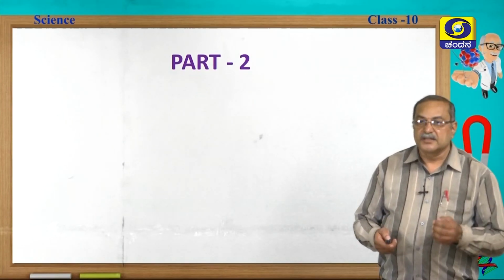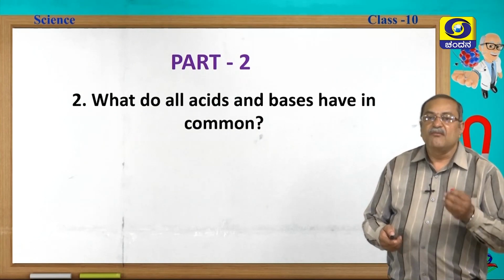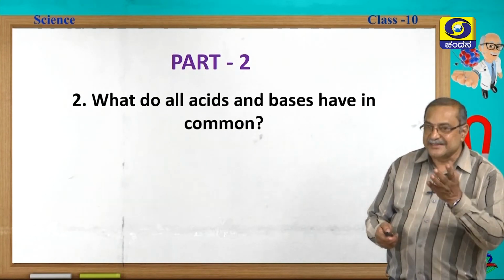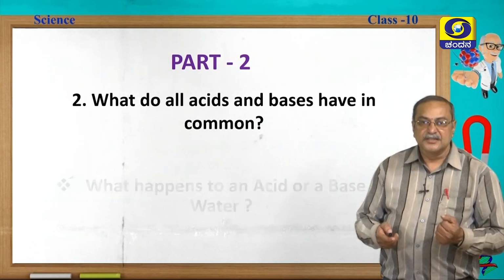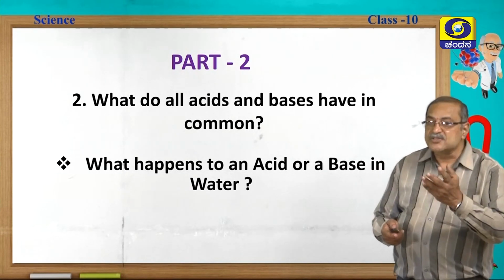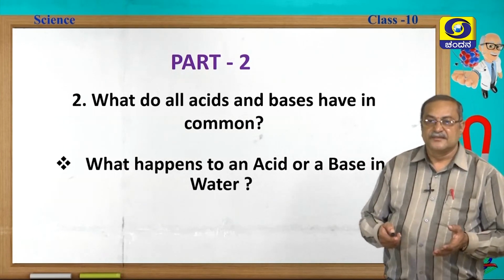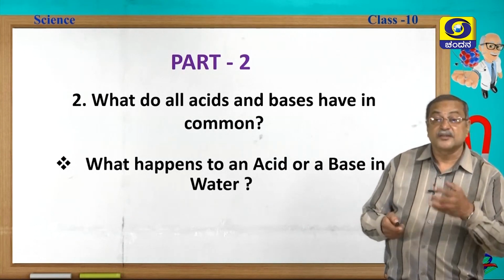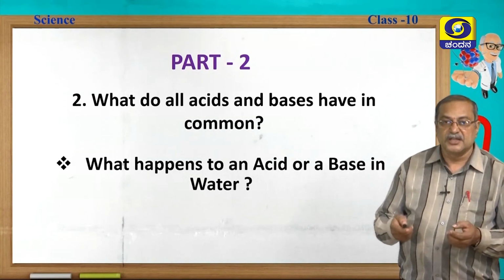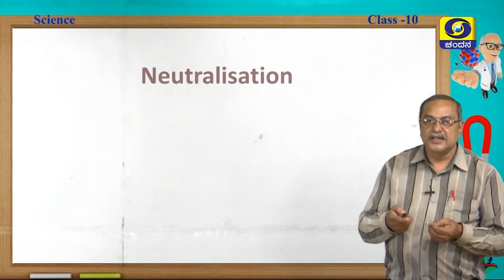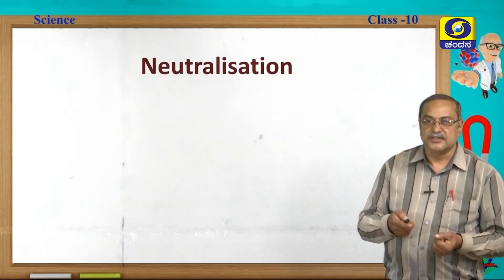In the second part we are going to learn about what all acids and bases have in common. Next, what happens to an acid and base in water, and what properties they will have, that we are going to learn. We are going to learn about neutralization.